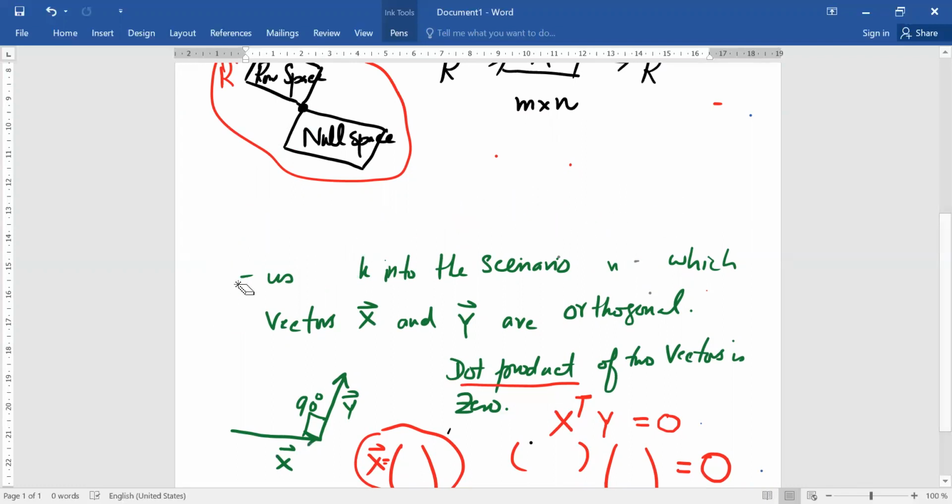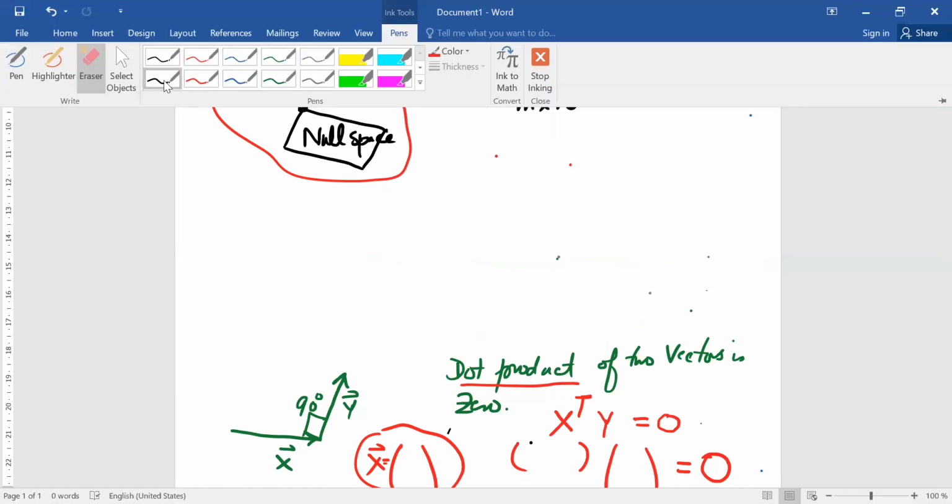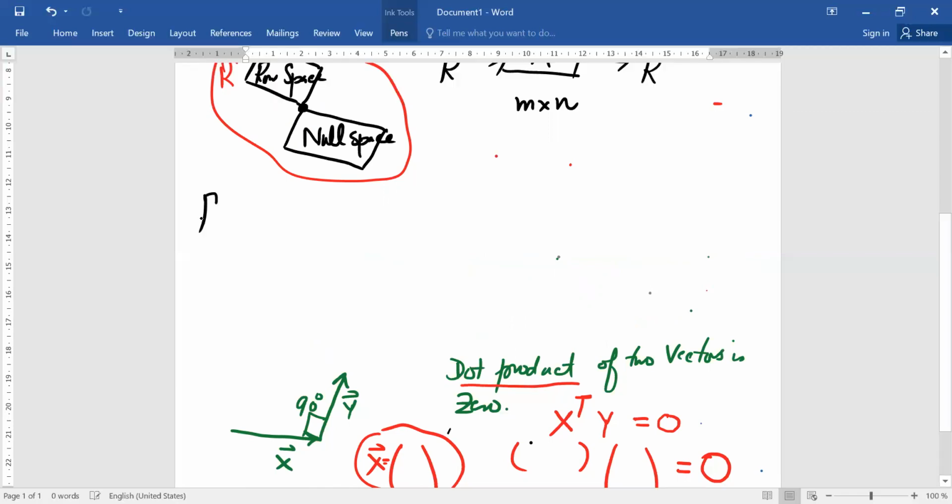So now let's look at another very important theorem, or law, which you can apply: the Pythagorean theorem. Okay, Pythagoras law.